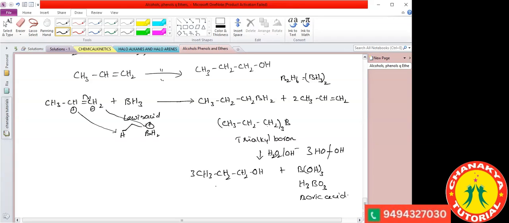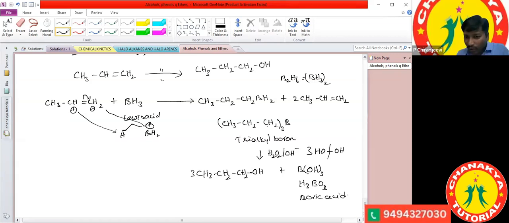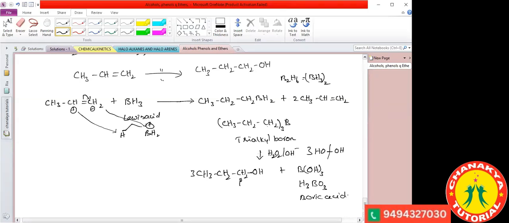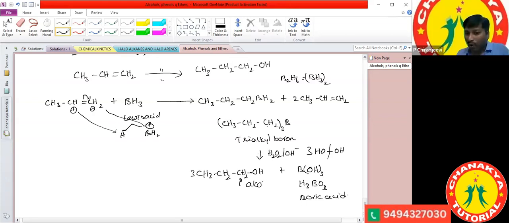Secondary. Once you check it out, OH is attached to the first carbon atom only, right? The first carbon is attached to only one neighboring carbon atom. Then it is a primary alcohol. Okay, what is the product it forms? It forms a primary alcohol.